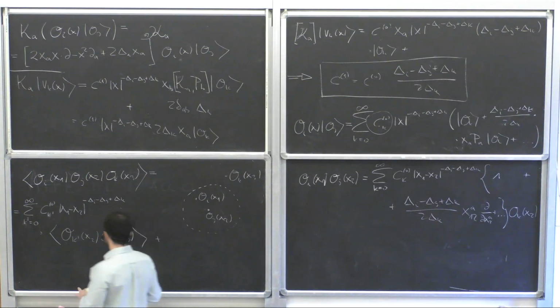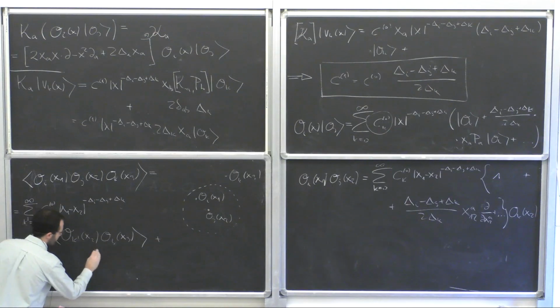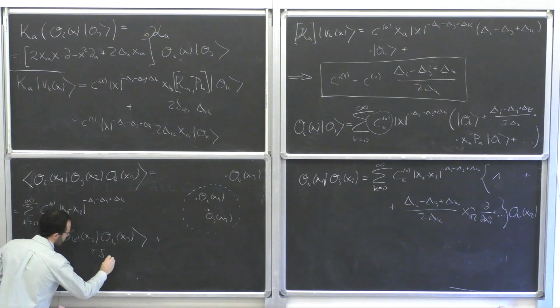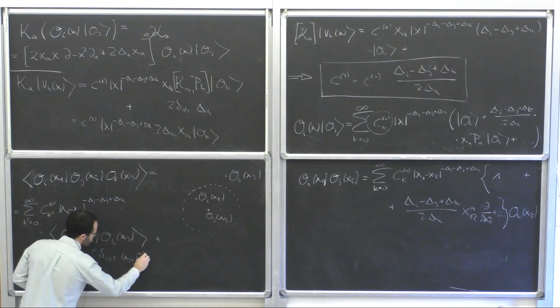But this is a 2-point function, so we already know how to compute it, right? This is diagonal, so there is a delta_kk' times x23 to the minus 2 delta k.